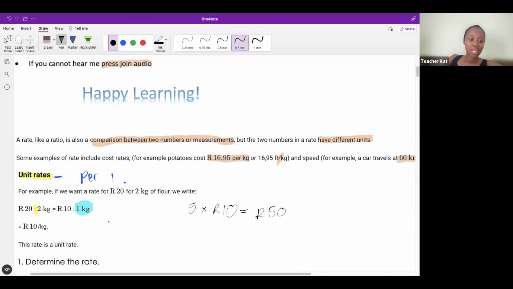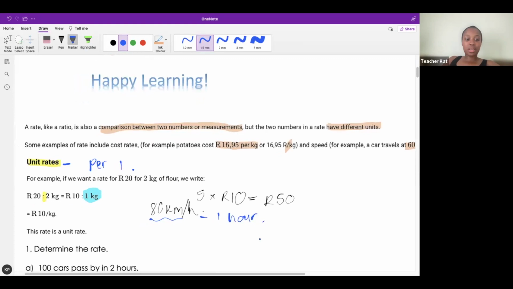For instance, if you're driving a car, you could be driving at 80 kilometers per hour. So it has to be a forward slash, and then we know that that 80 kilometers is for 1 hour. All right, so these are unit rates.